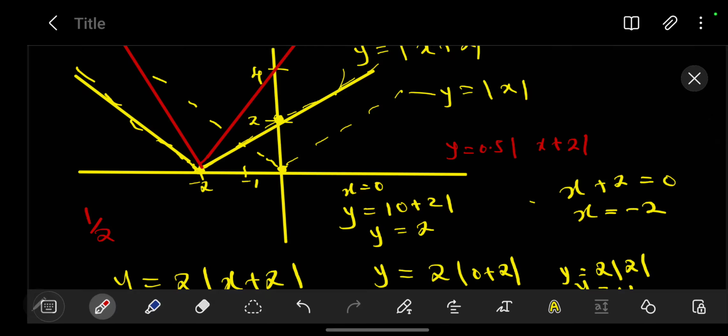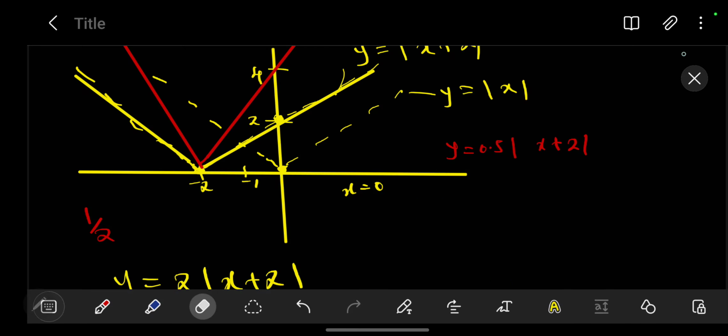So to find the intercept for this one, x is equal to 0. So for our equation, 0.5, where there is x, we are going to put 0 plus a 2, which will be y should be equal to 0.5 by 2, which is equal to 1. So you will realize to say your graph will become wider as you move like that. Let me use the color blue.